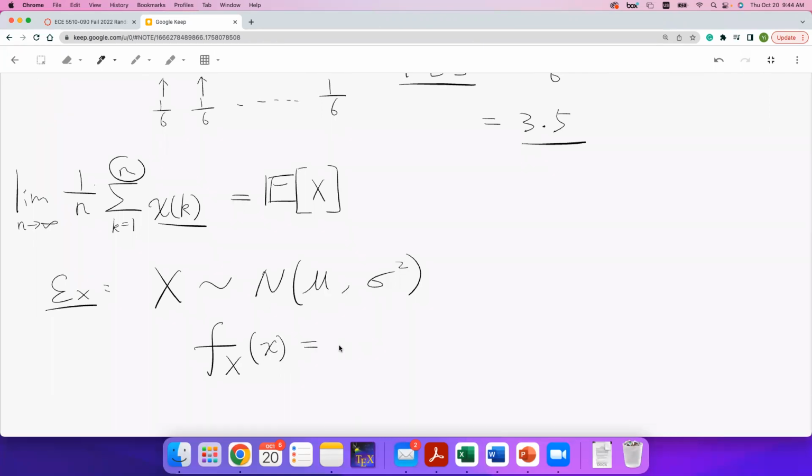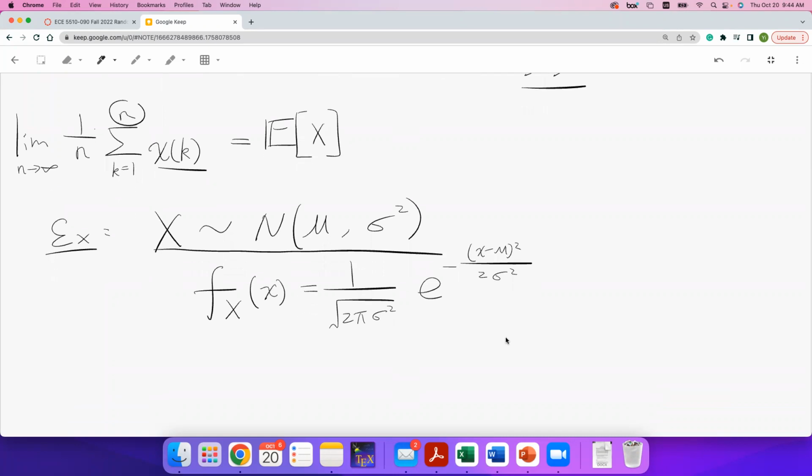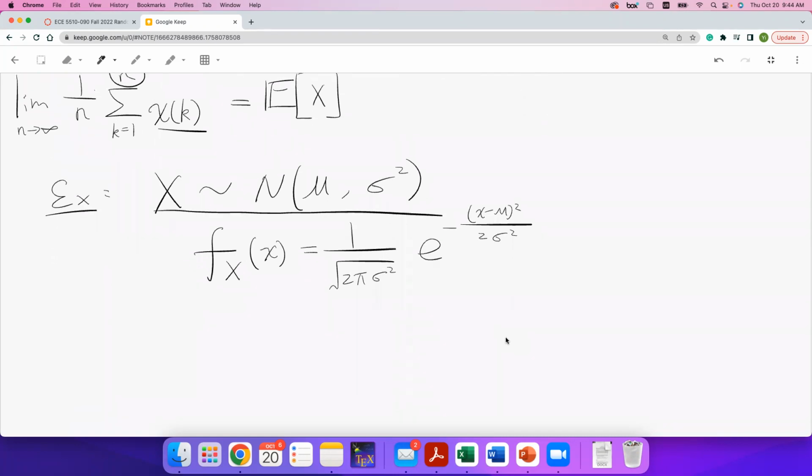It is not obvious, because this random variable follows a complicated Gaussian distribution, and we need to show that somehow the mean is this simple value mu.